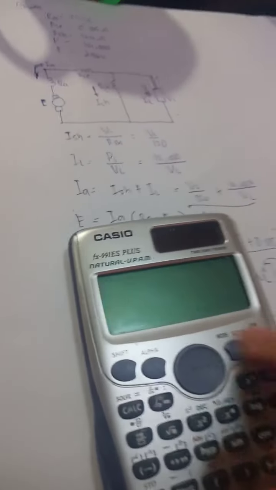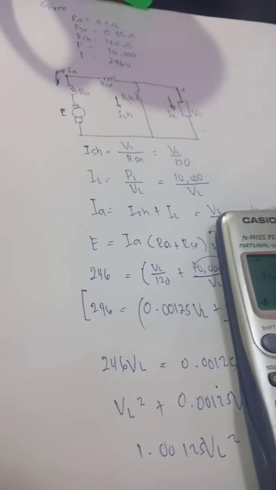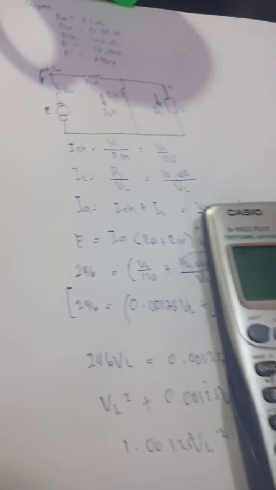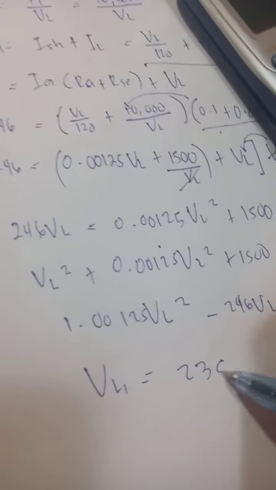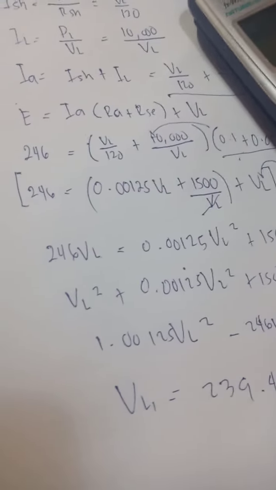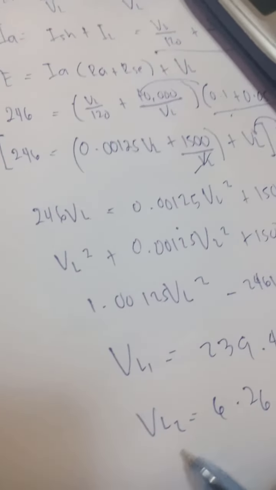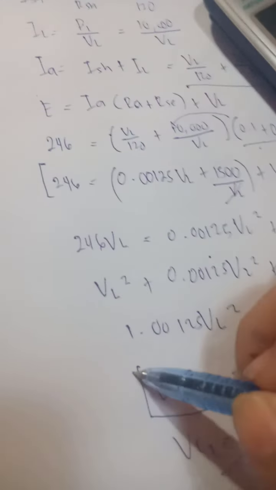So A is 1.00125, B is negative 246, C is 1,500. So we have VL1 as 239.44 volts, and our VL2 is 6.26 volts. Since VL2 is way too small, we use VL1 as our voltage.